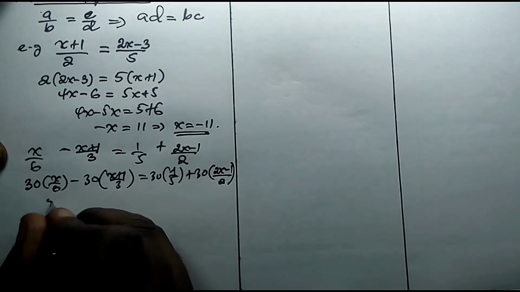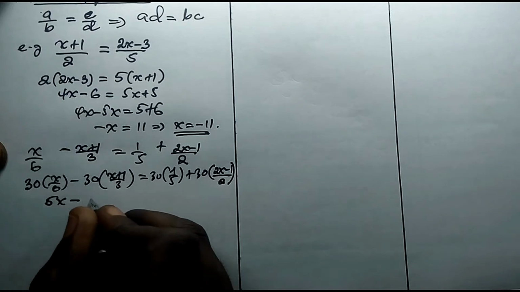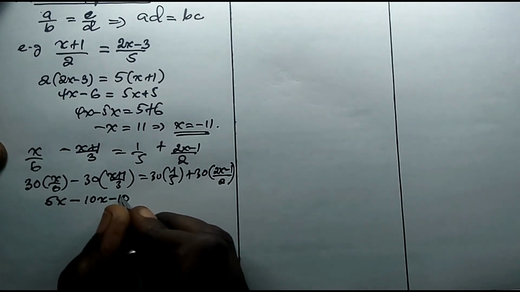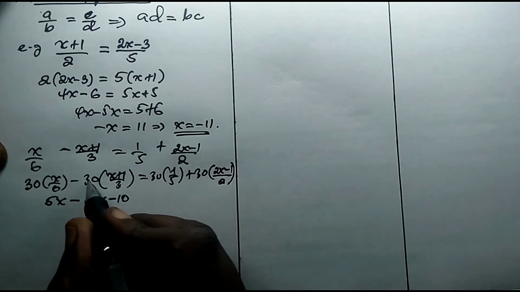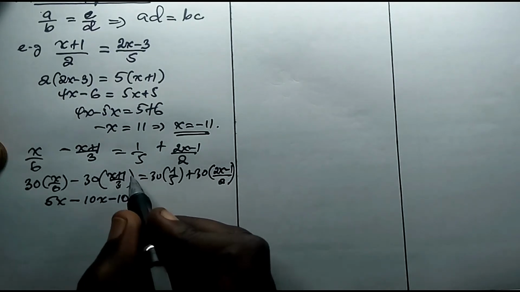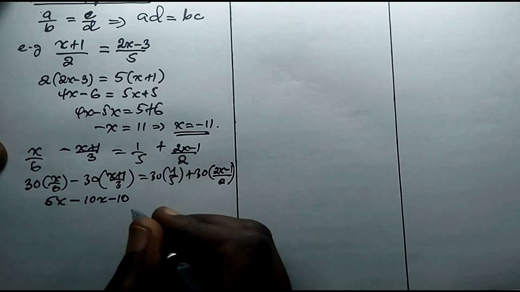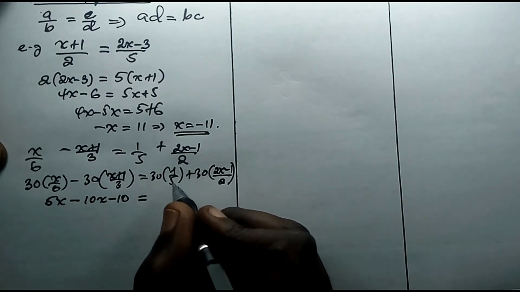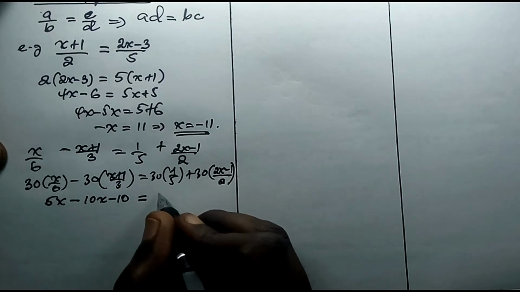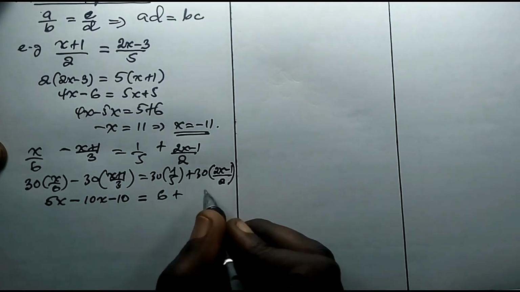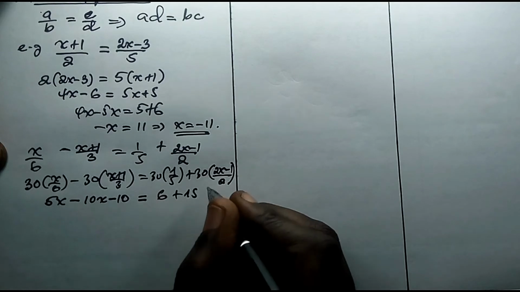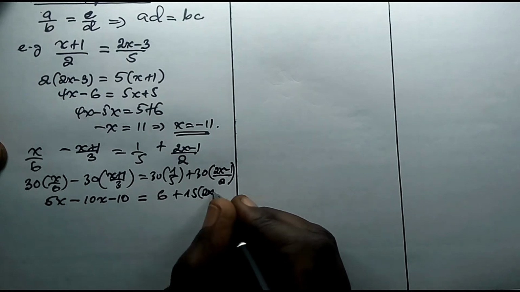Simplifying, we'll now get 5x minus 10x minus 10. 3 cancels 30 to give 10. 10 expands across the bracket there to give the results we have here. And then 5 cancels 30 to give 6, plus 2 cancels 30 to give 15 into 2x minus 1.